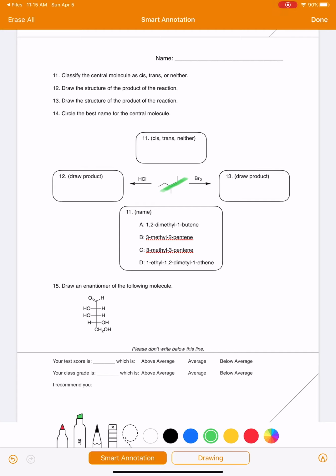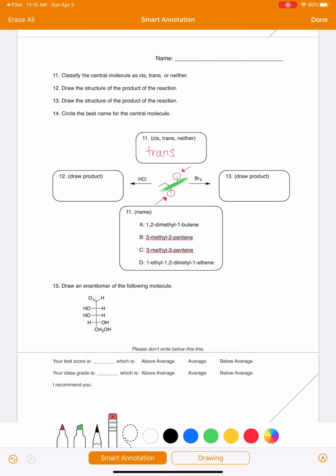We want to look for something on this side of the double bond that matches up with something on this side. Now it looks like we have this 1 carbon branch that's present on both sides of the double bond.